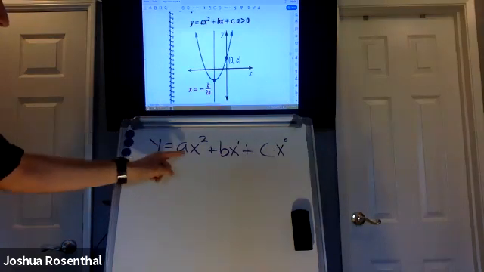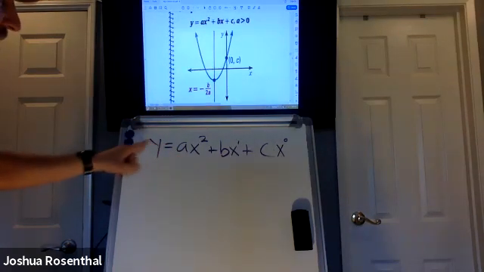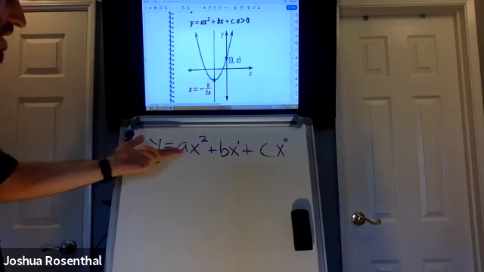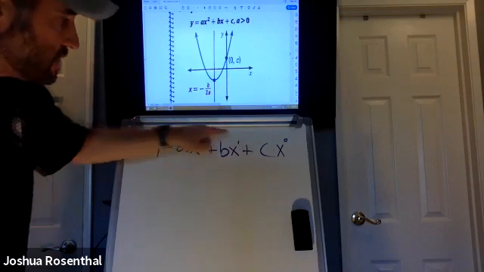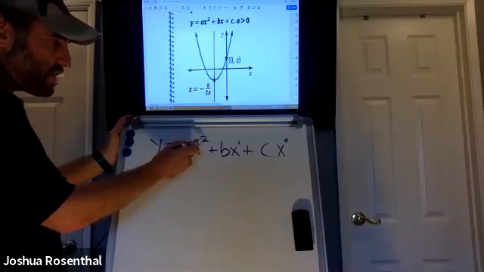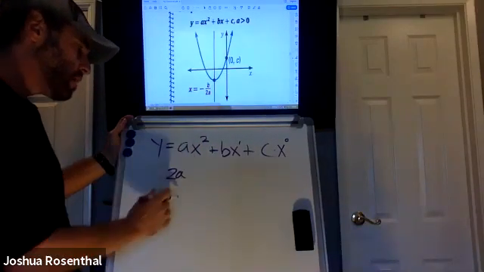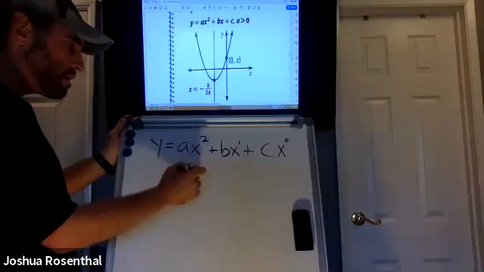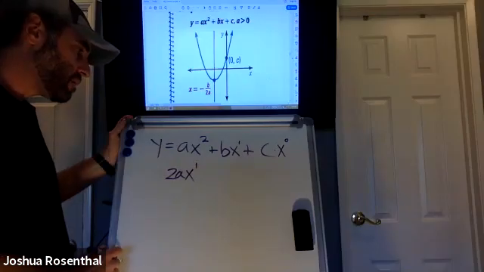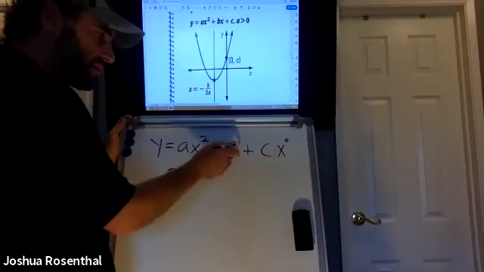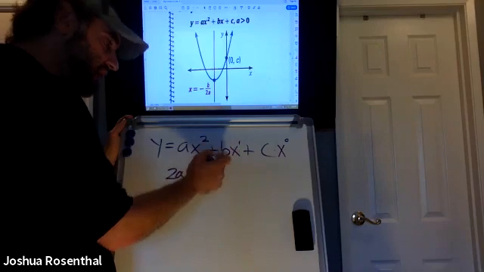Right now it's a parabola. The slope of a tangent line would be dy dx, which we know is defined by each one of these. You have to do that rule. So there's your n. So this one will be 2 times a, x to the 2 minus 1, which is 1. And the other one would be b. Hold on, because this is the n for this term. That n is 1 times b is b.